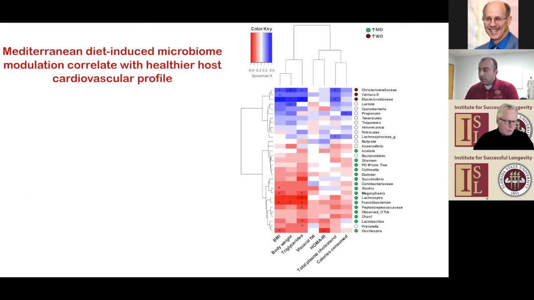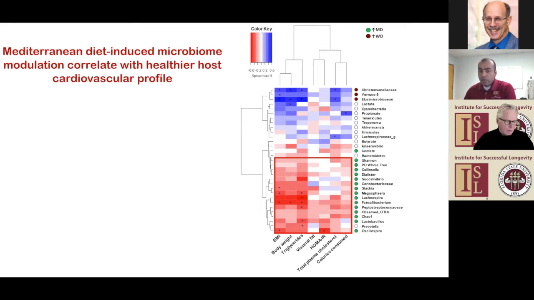We also had the data on the cardiovascular or cardiometabolic markers in these monkeys, for example, BMI, body weight, triglyceride, visceral fat, insulin resistance, cholesterol, and calories consumed. And when we correlated this data with the microbiome changes occurring in these monkeys, we found, very interestingly, that most of the bacteria that were increased by the Mediterranean diet, these green dots, were correlated negatively with most of these features of cardiovascular health.